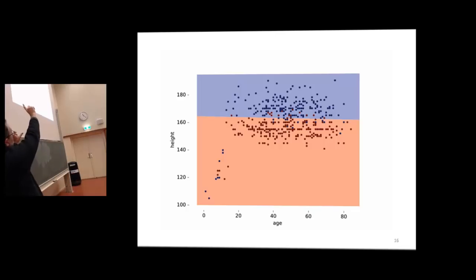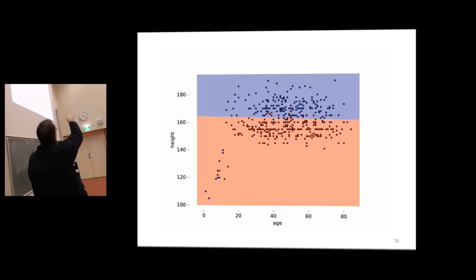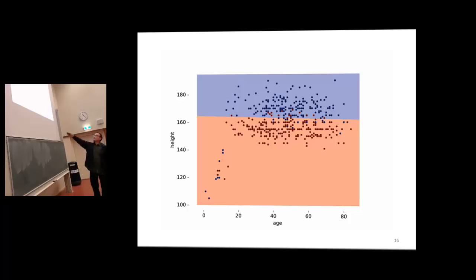As soon as you change the angle here, you would lose this blue one, for example. And then the whole problem becomes an optimization problem: how can I find the best hyperplanes that minimize the distance of the blue ones from this line and the red ones from the other one.